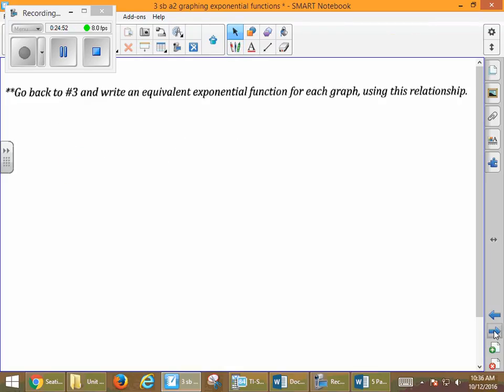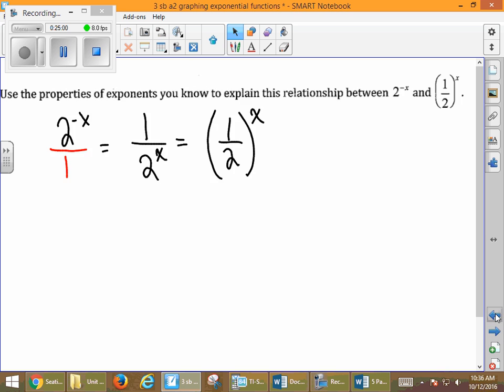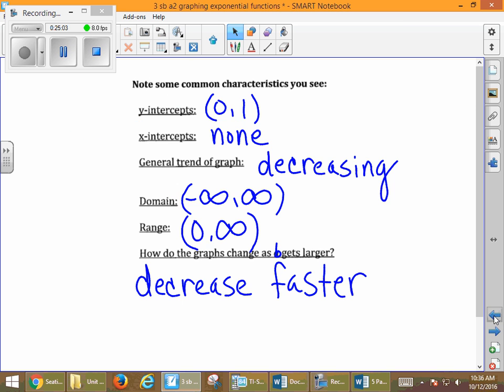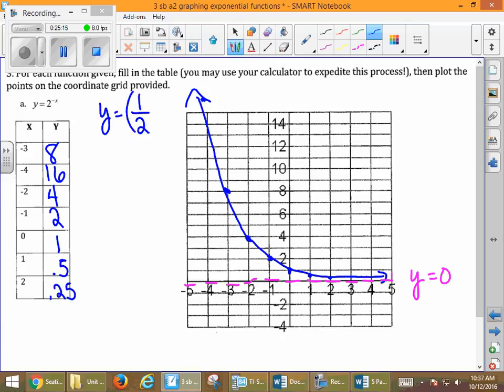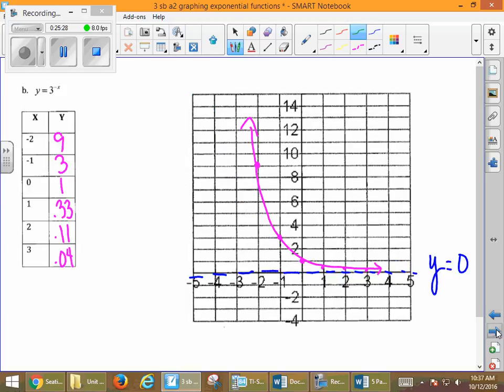So let's go back to number 3, and let's rewrite our functions in this format. So if we look back here to our graphs, we just solved 2 to the negative x. That is the same thing as y equals 1/2 to the x. We flipped and changed the sign of the exponent. The process will be the same on 3b.